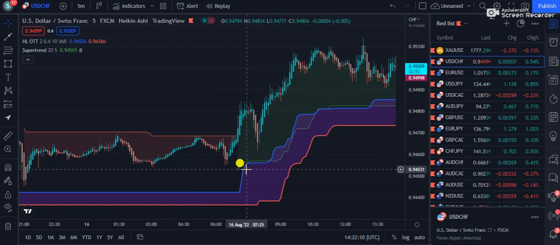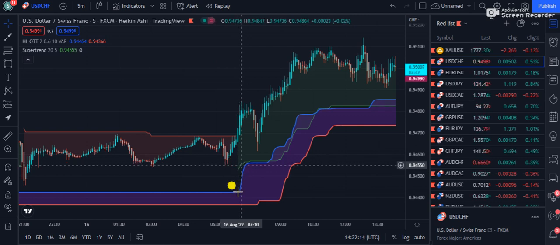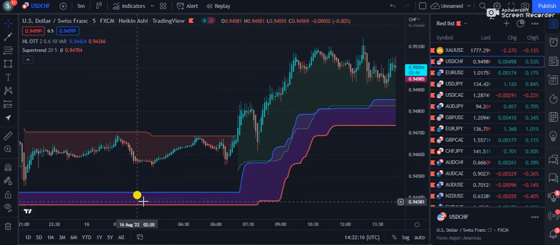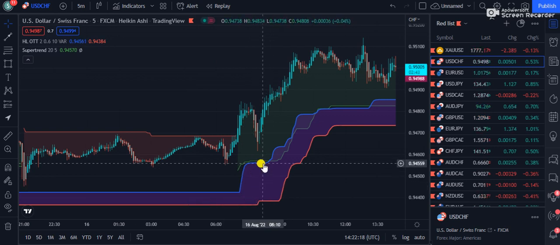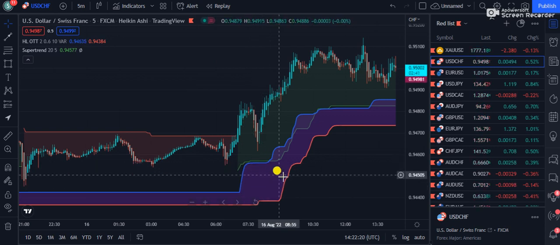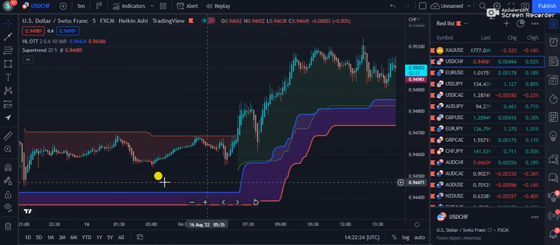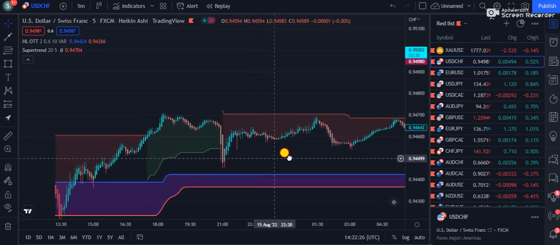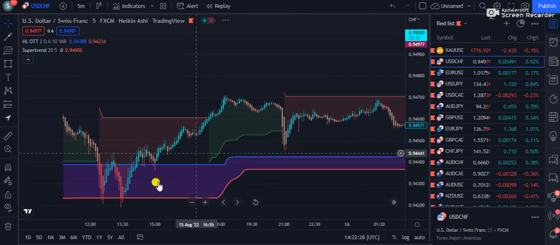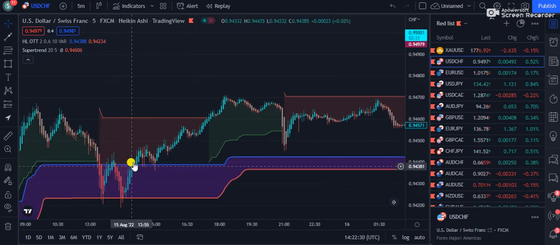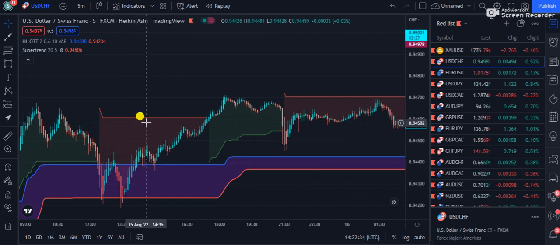Basically, I take my entry only when I have seen that it has broken this purple line. You can see there is a gap between the blue and the red lines. So once it breaks, for example, if we go back, here you can see we have a proper break: the market breaks this blue line, and then the Supertrend turned red.